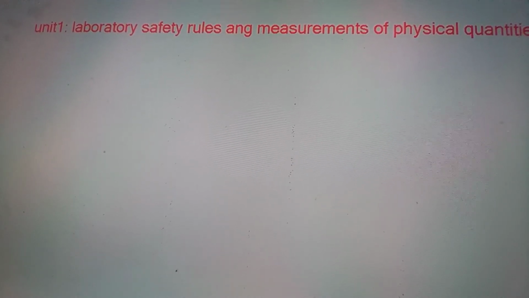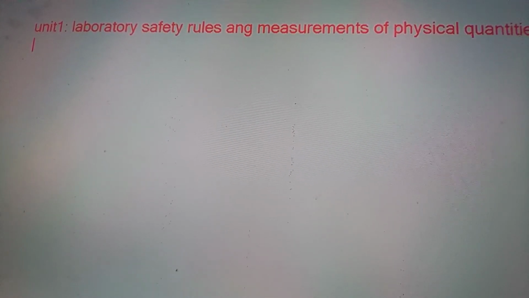So this is our unit number 1, which is about laboratory safety rules and the measurement of physical quantities.